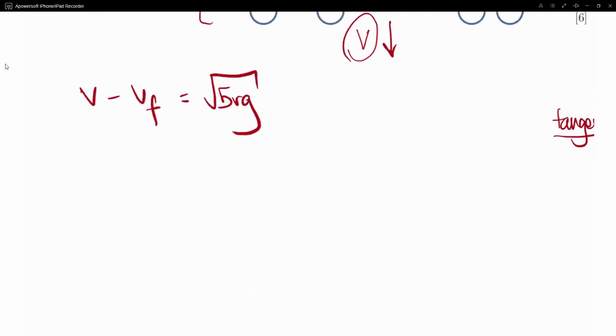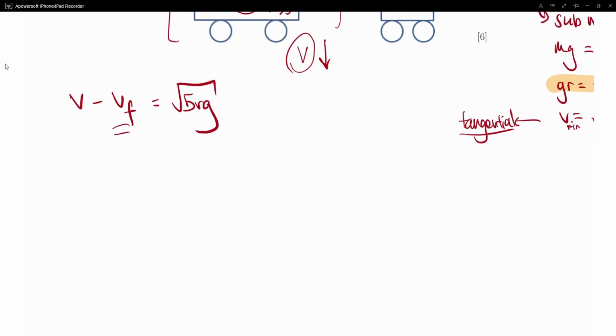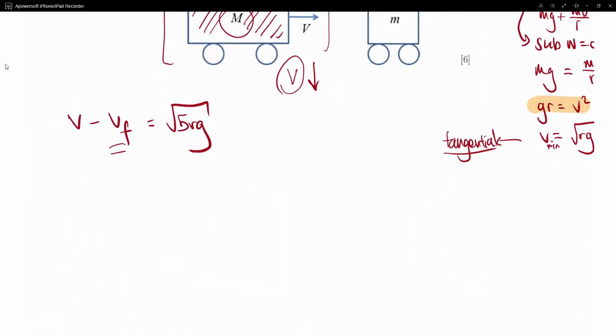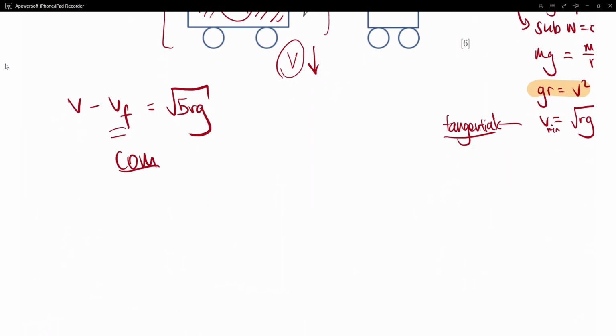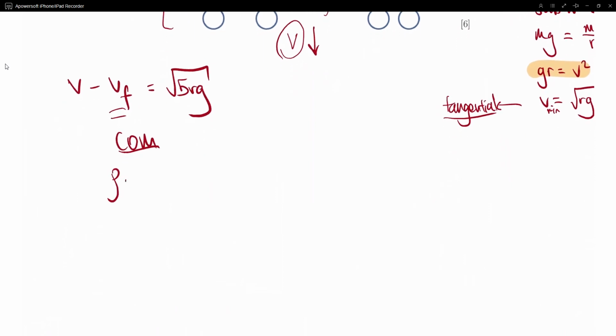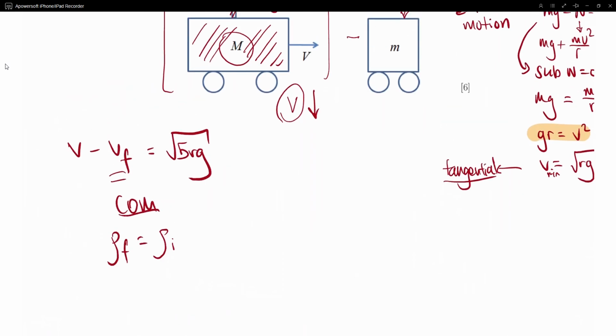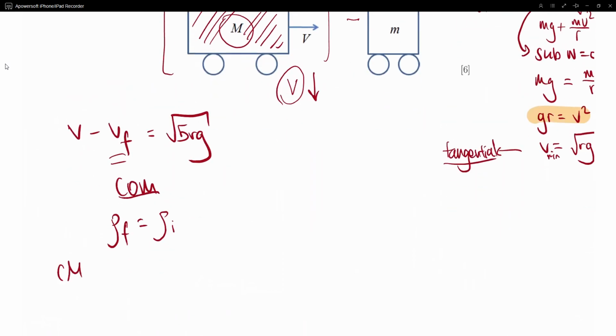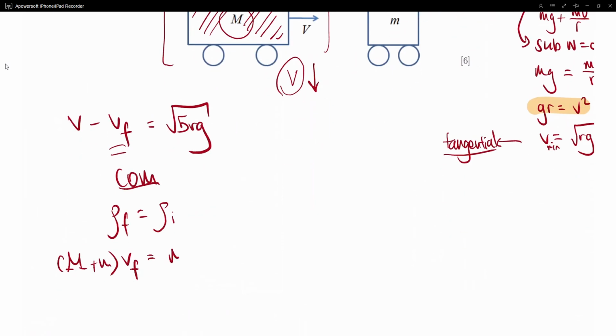But of course we have to find v final first. So we can use conservation of momentum, which is very standard. Pf is going to be Pi. Pf is (M plus M) vf, and Pi is going to be Mv.